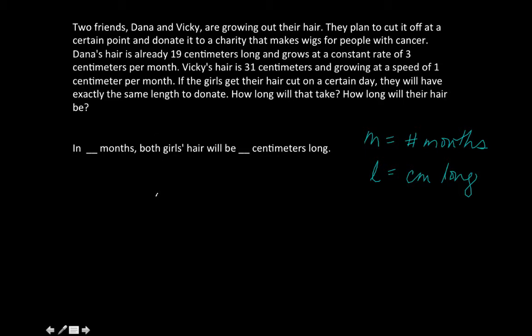So two friends, Dana and Vicky, are growing out their hair. They plan to cut it off at a certain point and donate it to a charity that makes wigs for people with cancer. Dana's hair is already 19 centimeters long, and it grows at a constant rate of 3 centimeters per month. So 19 plus 3 times the number of months is the total length of Dana's hair.